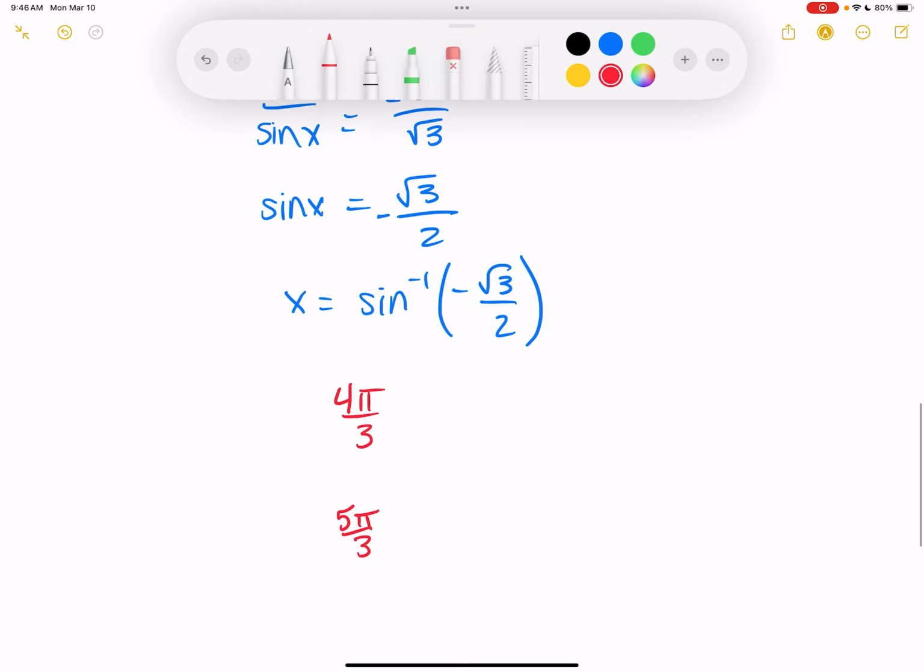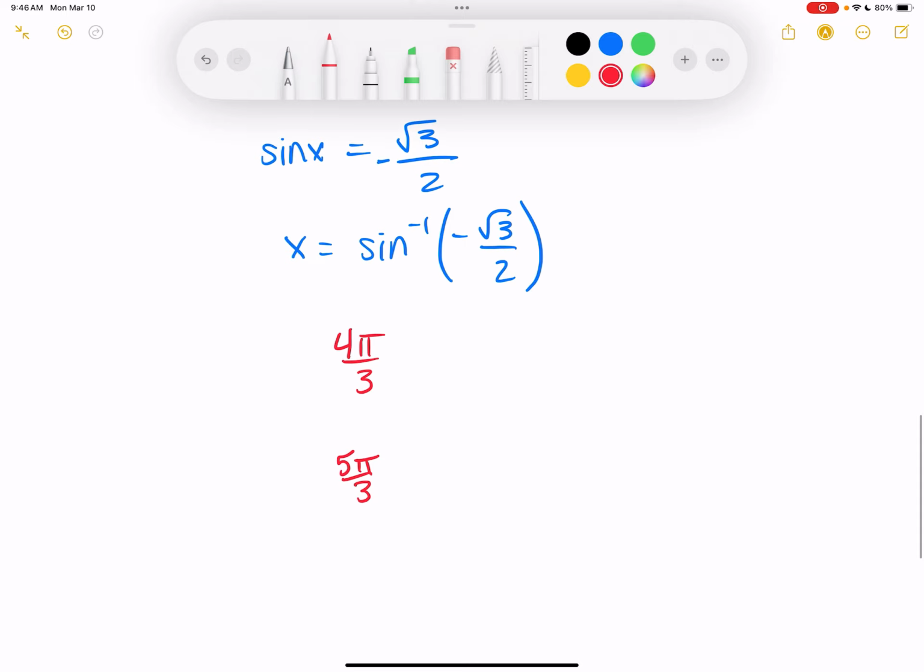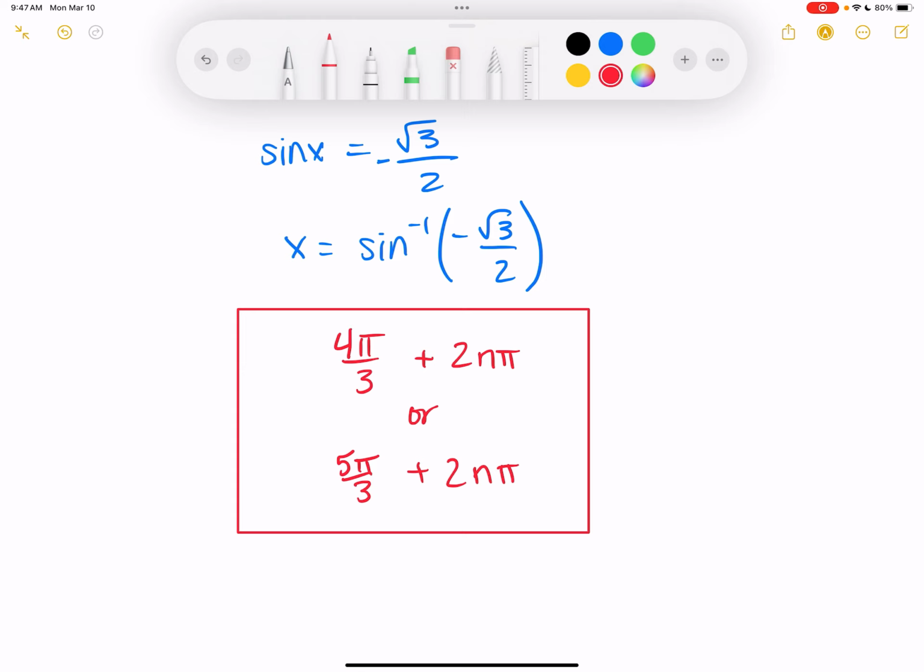Oops, I did 4 times pi over 3. So 4 pi over 3 and 5 pi over 3 both have a y value of negative root 3 over 2. Okay? So to get back around to both of those, I have to add 2 pi n on both of these. And I can go around as many times as I want, and that will continually give me a solution that meets this.